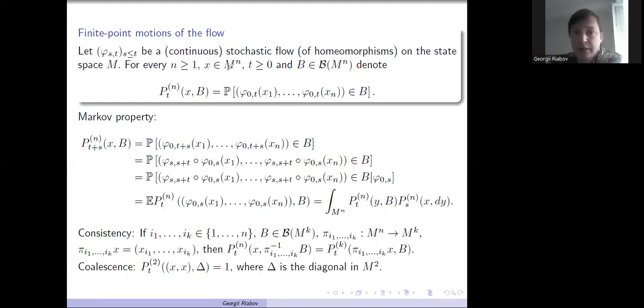So x is an n-dimensional vector, and we can consider the following quantity. P_n(t, x, B) is the probability that under the action of the flow, the points x1, ..., xn in time t will arrive at some Borel set B.